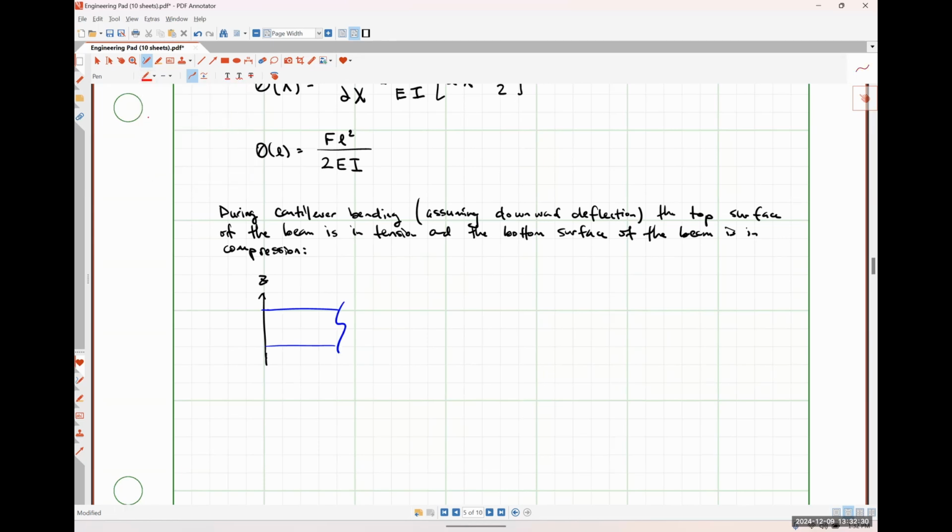I think I drew our axis of symmetry in red earlier, so I'll continue to have that in red. And so what we should see is a stress profile that looks something akin to this. At the surface, we're at our maximum, and then it linearly decreases down like so. So I'm just going to try to draw a profile like this.